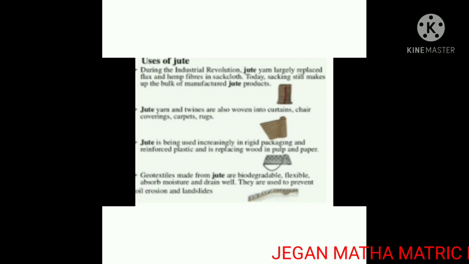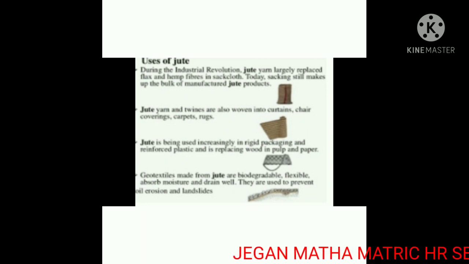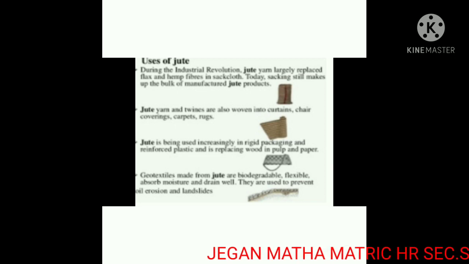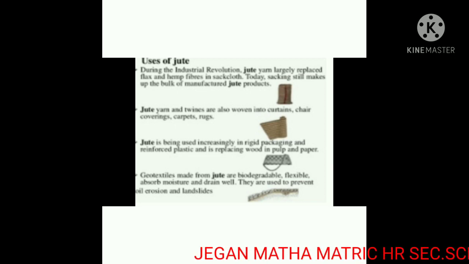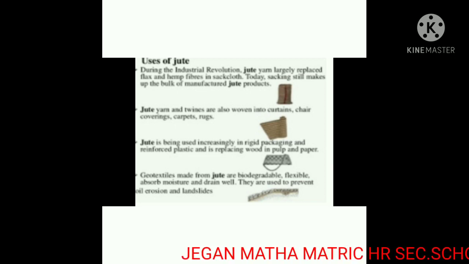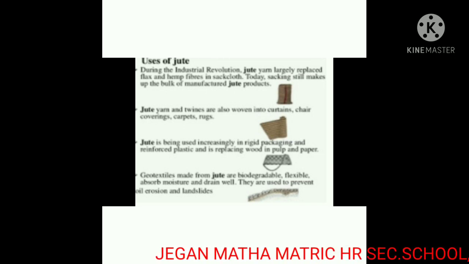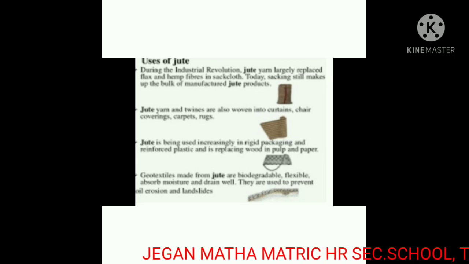During the Industrial Revolution, jute yarn largely replaced flax and hemp fibers in sackcloth. Today, sacking still makes up the bulk of manufactured jute products.